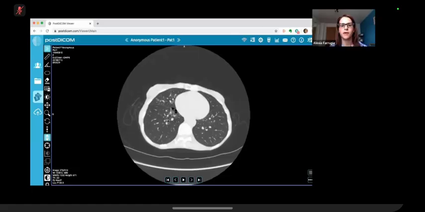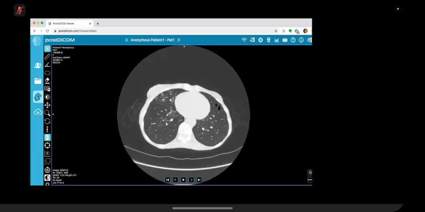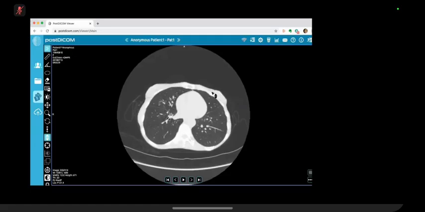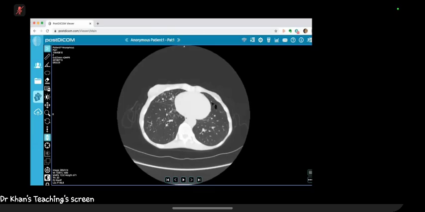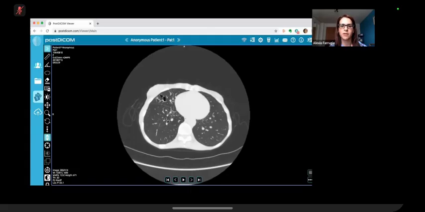Can you follow the bronchi to the periphery? I can, yes. I'm just trying to see if these nodules are in a certain distribution. The nodules appear to go to the pleural surface, which would be in keeping with a perilymphatic distribution. Can you see any bronchi here within the middle lobe?